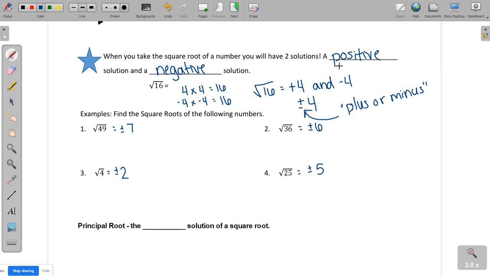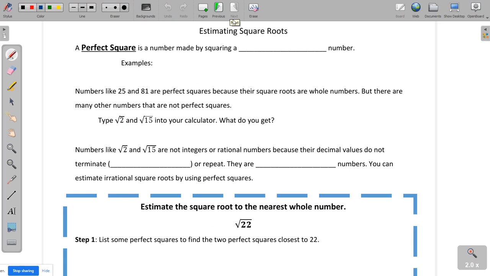So we have two solutions when we deal with square roots. But if we're dealing with a principal root, we just want the positive solution. So the square root of 81, we would say, is equal to 9. 9 is the principal root. So on the back, with estimating, we're just going to deal with the principal root.